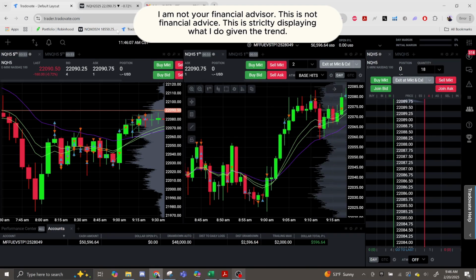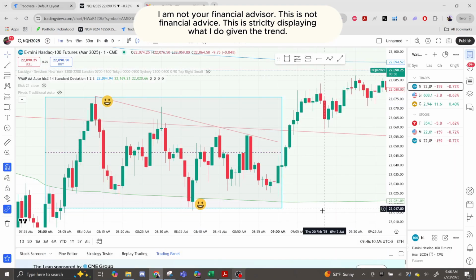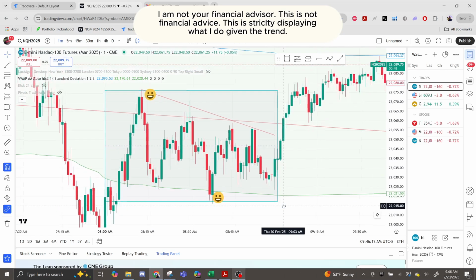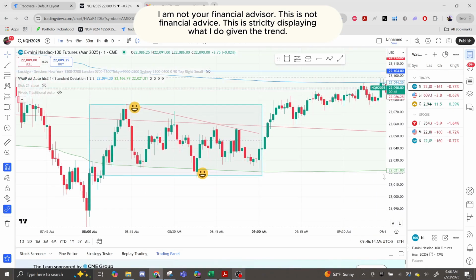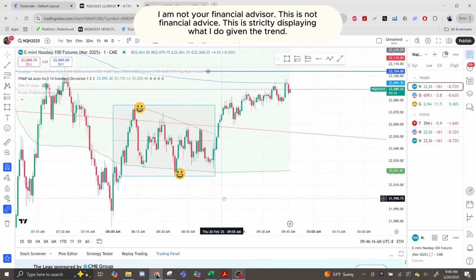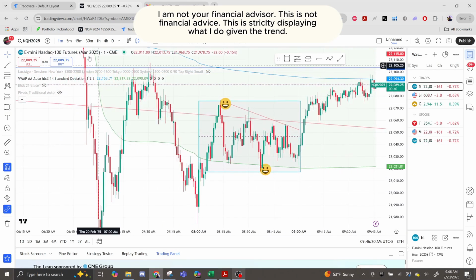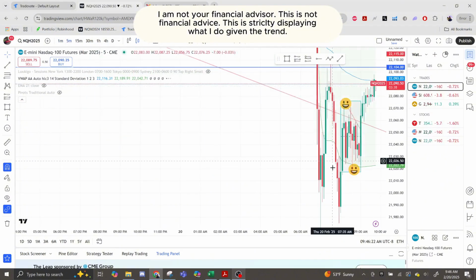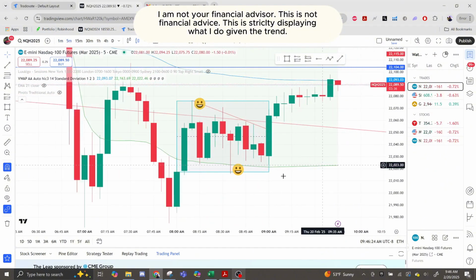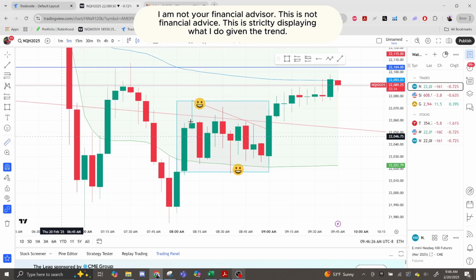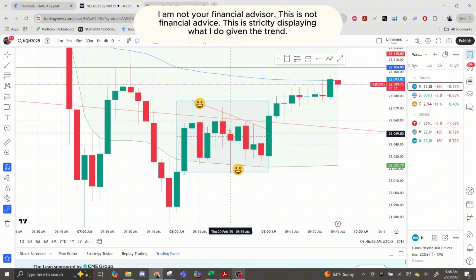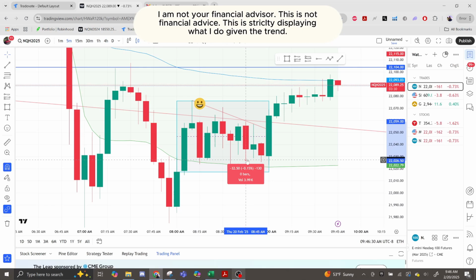Learning how to trade a 1 minute into a 5 minute structure, especially when it's like this, is very, very essential. Like I said, in my opinion, it's super important. The most important thing is to measure the candles. Like I said, the 100 tick candles, from here to here, 130.